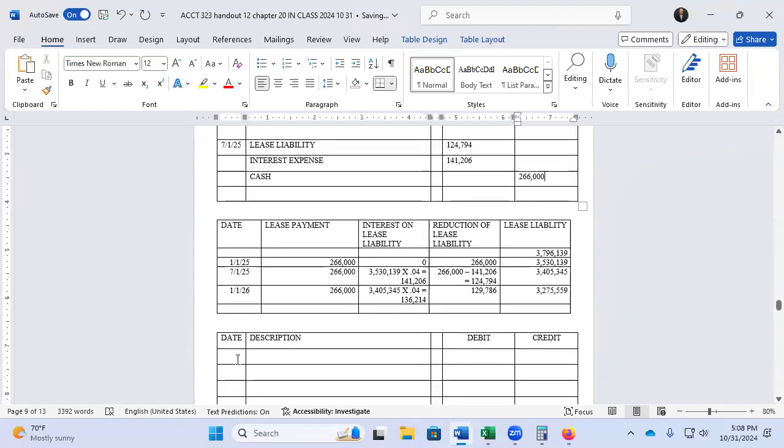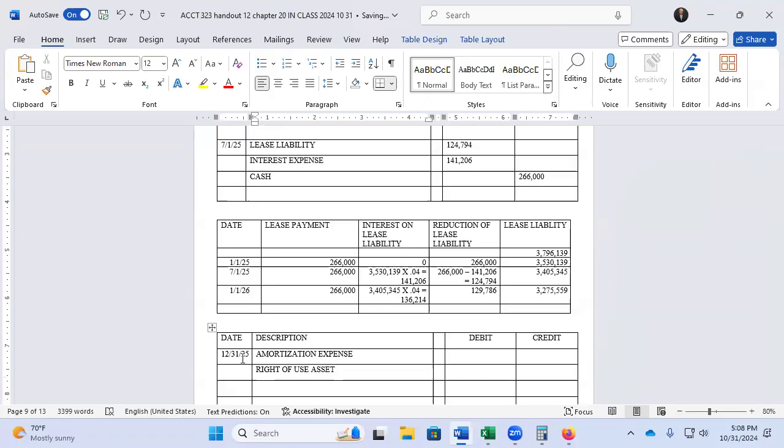And then the last part asks for what do you have to make on December 31st? So 12/31/25. And so of course we have the amortization expense, right? And this is going to reduce our right of use asset.